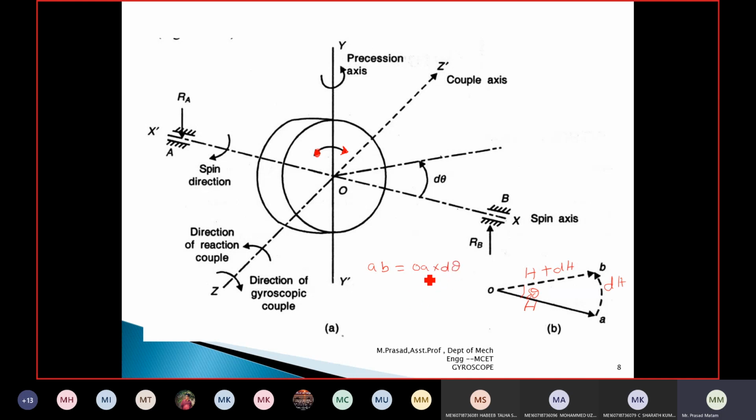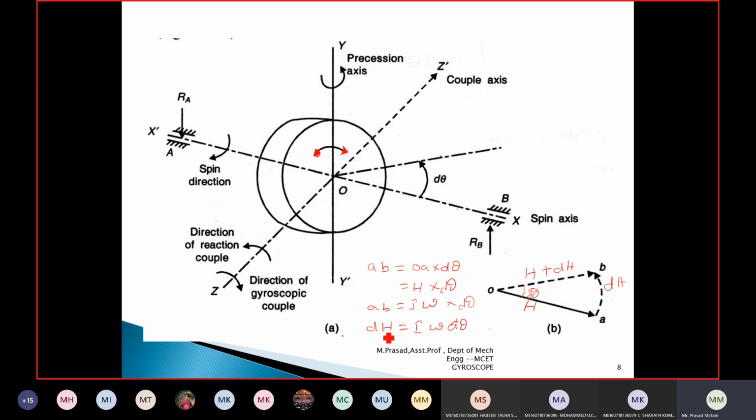OA is the angular momentum, I omega, so AB is I omega into d theta. AB is nothing but dh, the change in angular momentum.